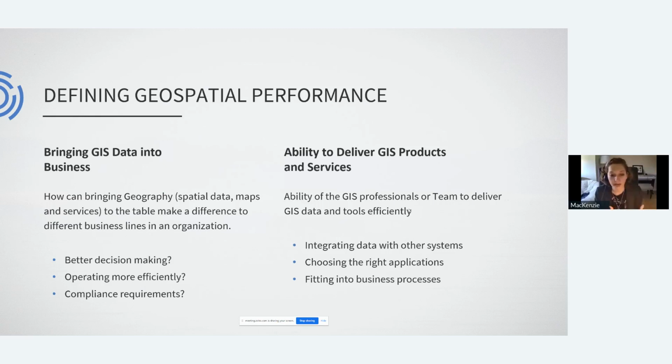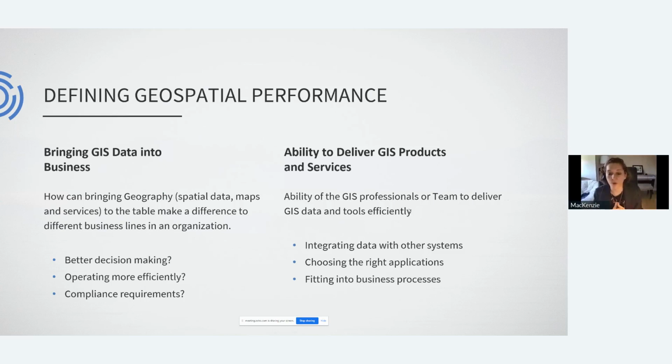Because a lot of the time when we're providing maps or spatial analysis tools or spatial data, we're doing it to help another business line within our organization either make better decisions, do their operations more efficiently, or meet compliance requirements, especially in local government, where we have different kinds of compliance requirements towards different levels of government, in order to meet standards and service obligations. So there's the idea of how geography can help solve operational needs in the business.